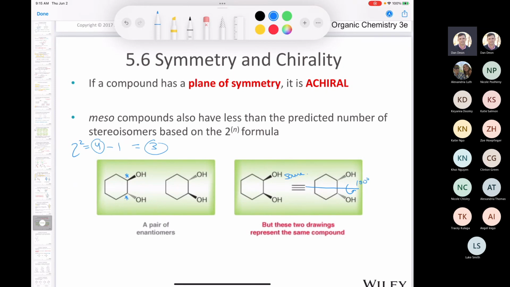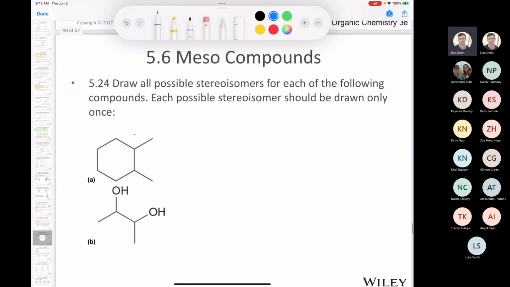If you go in our textbook and look at the practice problems that I handpicked, you will find a few examples that cover this exact rule where it says, how many possible stereoisomers could you have? Could you have meso compounds? And one such problem is this question right here, 5.24.